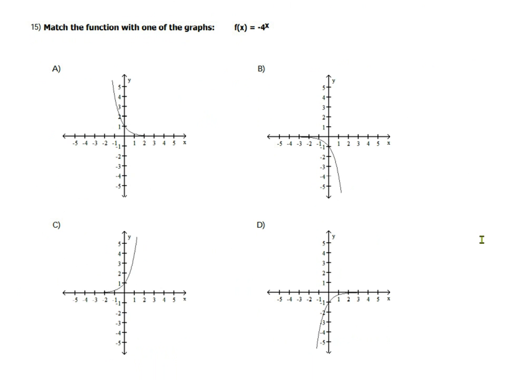So, another one, match the graph. The basic graph is y is equal to 4 to the x, which, as you know, looks like this. This is what the exponential looks like. However, they have put a negative in front of it.